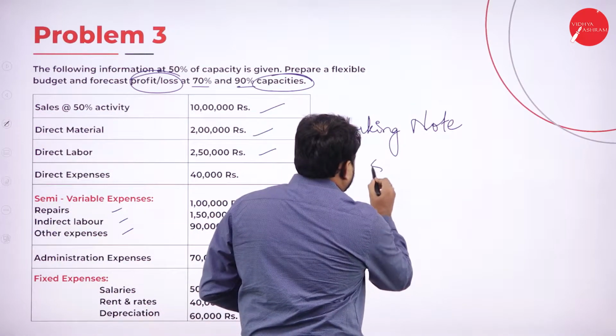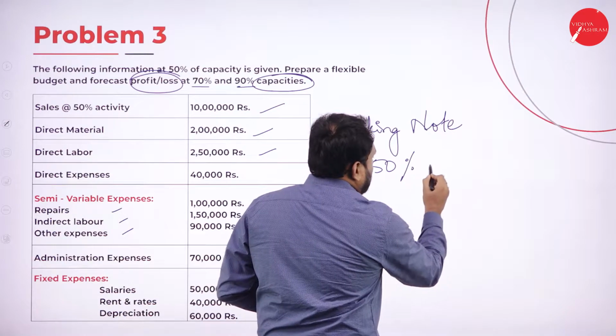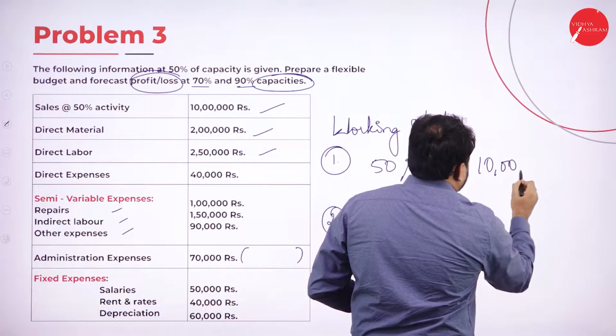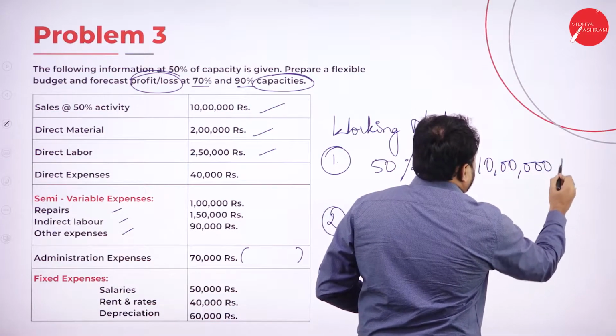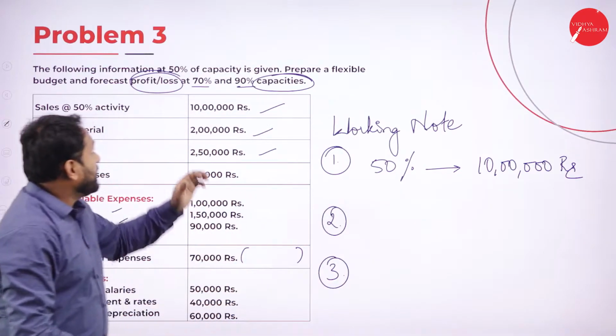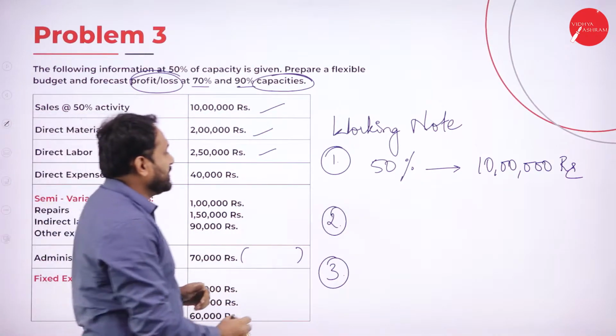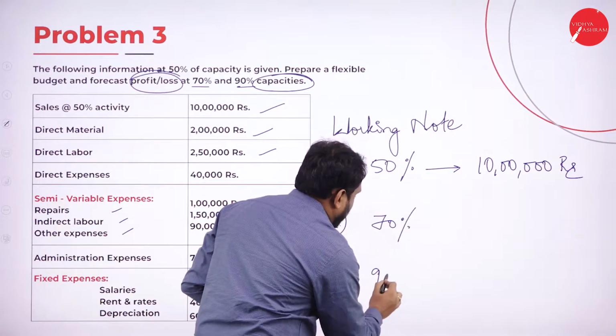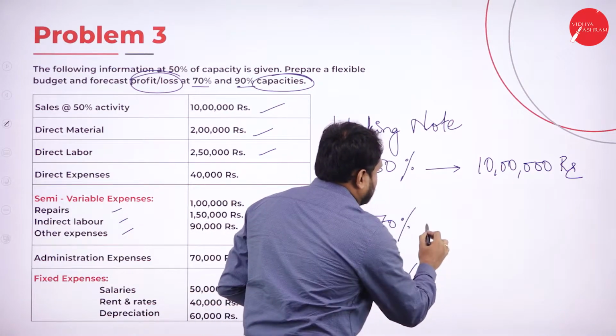That means here, at 50% activity, sales is how much? That is 10 lakh rupees. Now, second one, we are supposed to go with what? 70% and 90%.